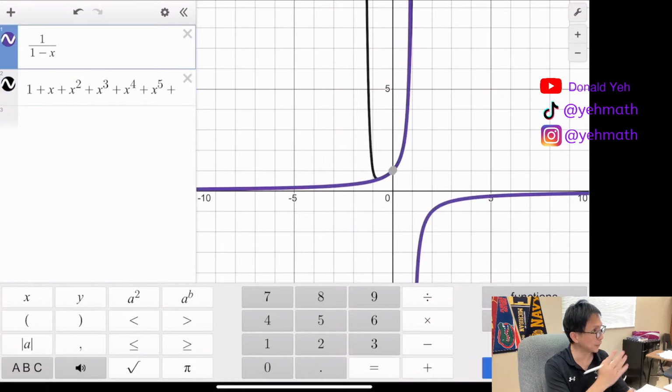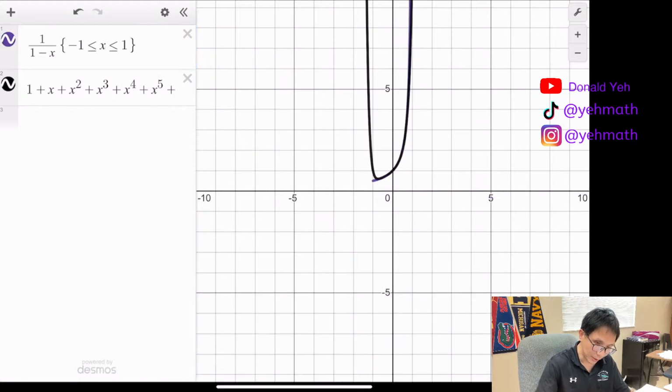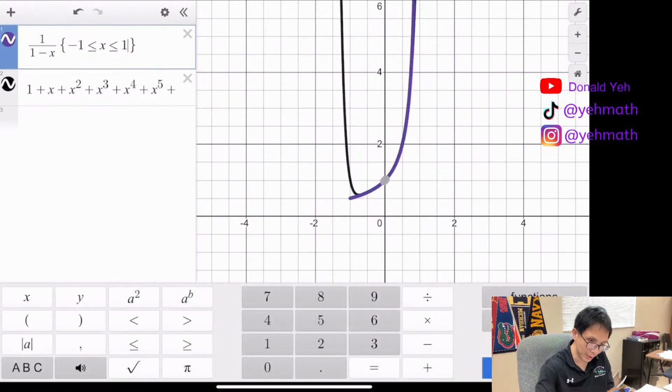There is a certain interval that we are worried about, from -1 to 1. That is, -1 less than x less than 1. In this region they are pretty close, and if I add more terms, the curve will keep on matching up. What if I go a little bit more, say 2?